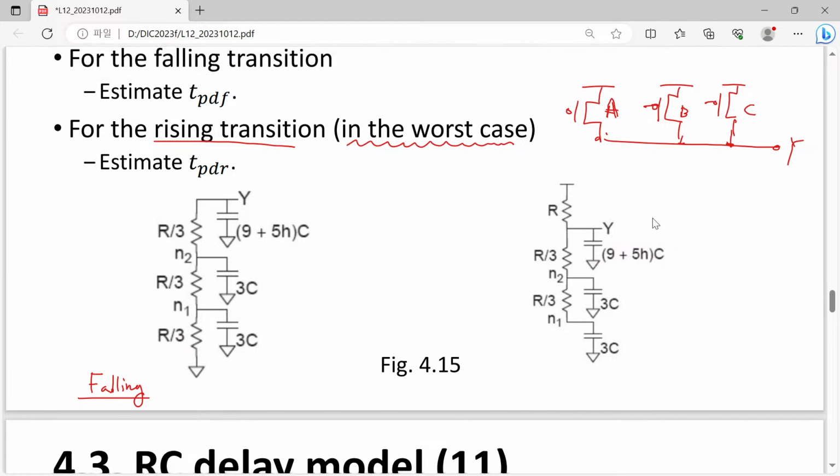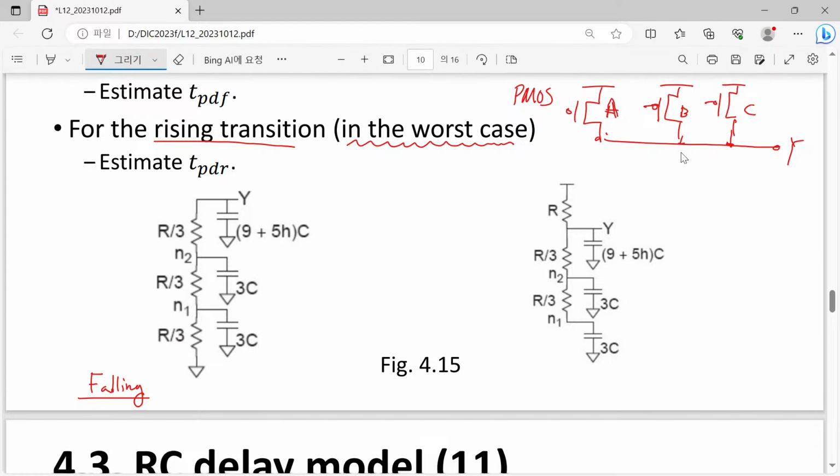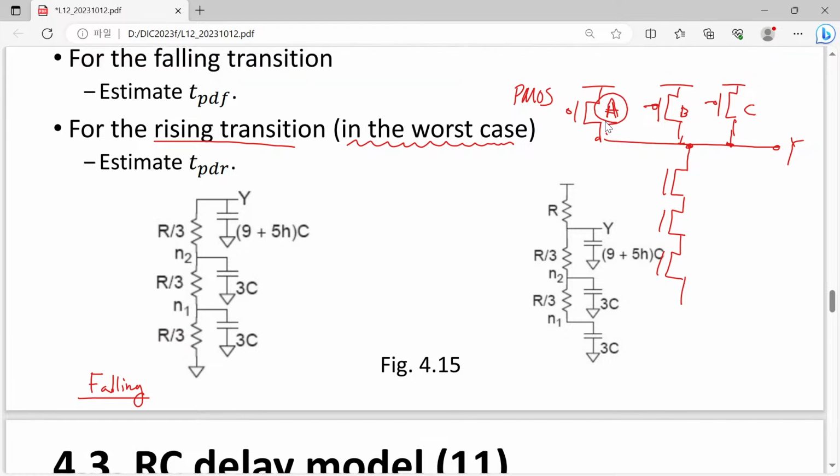Then, wow, now we have already considered the PMOSFET. That's it. So actually not. So please be a little bit more careful. Why? In this case, we can have three different cases, like here, here, here. Let's say that we are turned on only A. Yes, A is turned on and B and C are turned off.